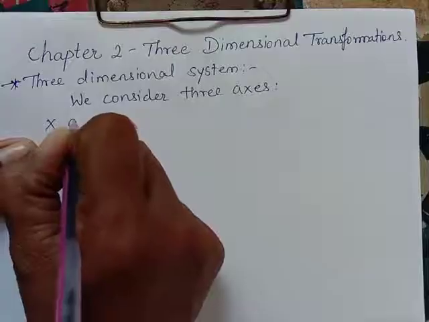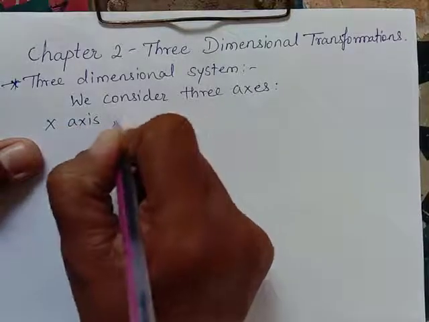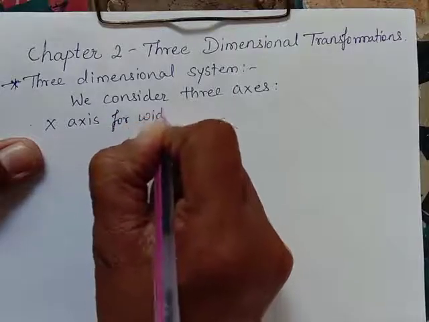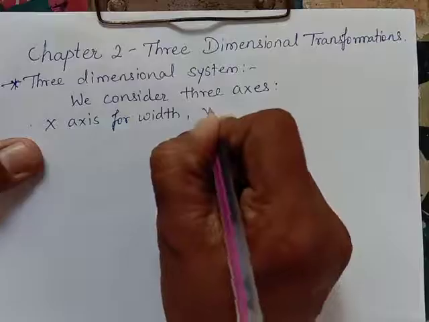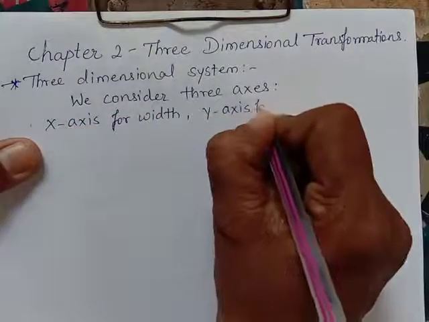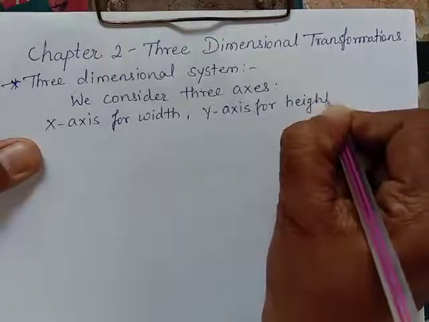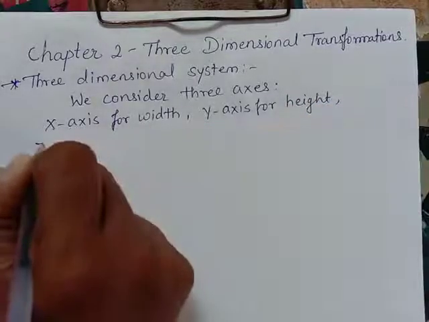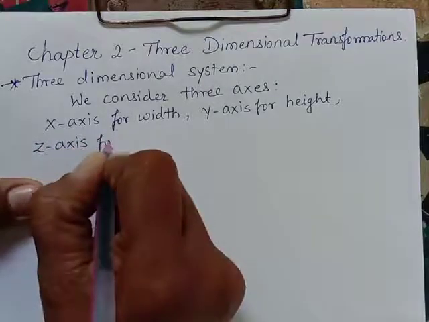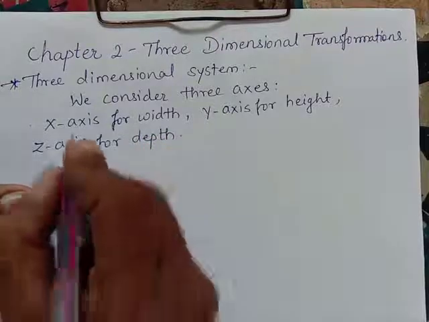X-axis, which is considered for width. Then y-axis, this is for height. And z-axis, it is considered for depth.